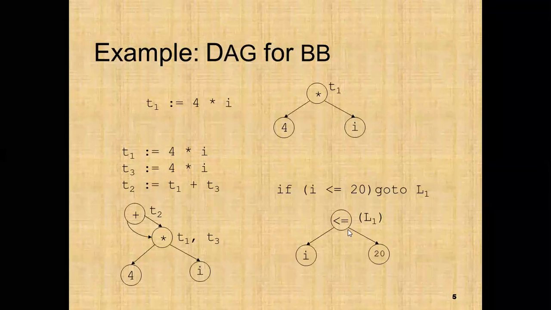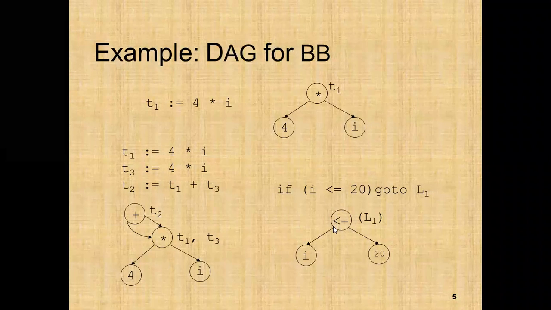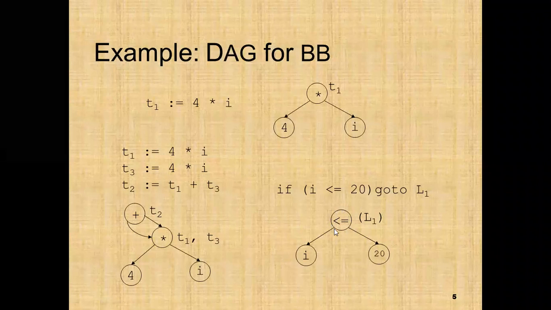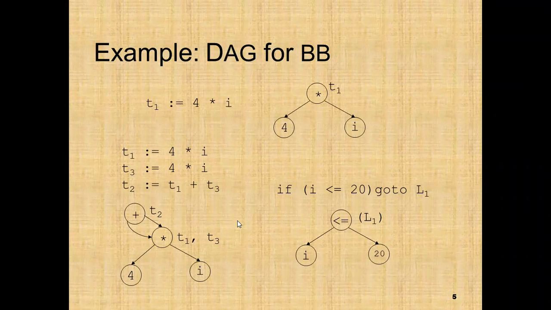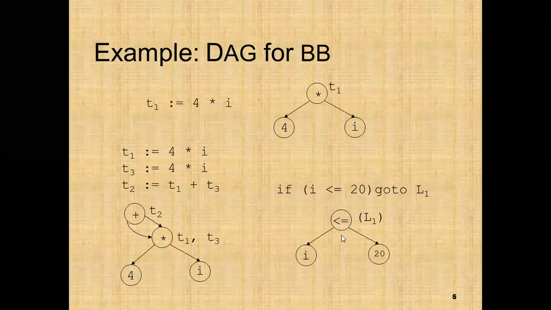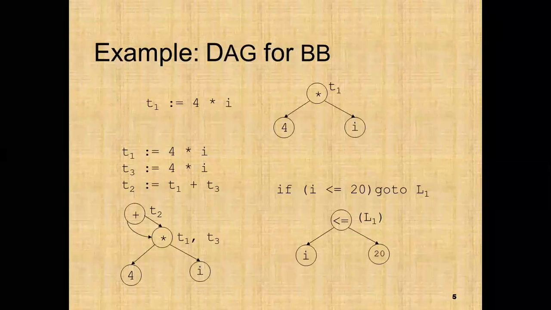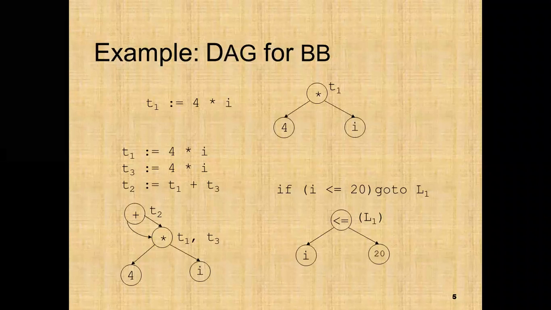Then put this operator symbol here, less equal, inside the node like the plus, minus, multiplication. So we will also put these symbols inside this. This operator, less equal, you can put assignment operator or different types of mathematical operators.